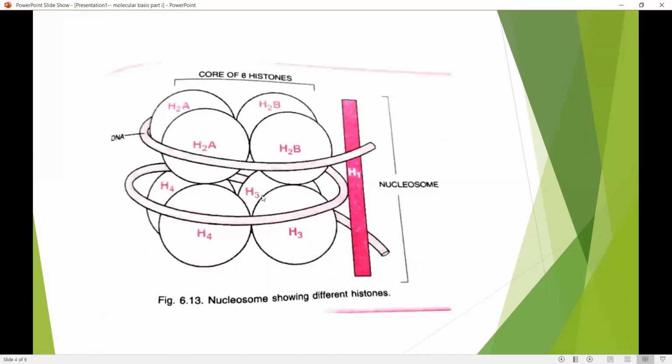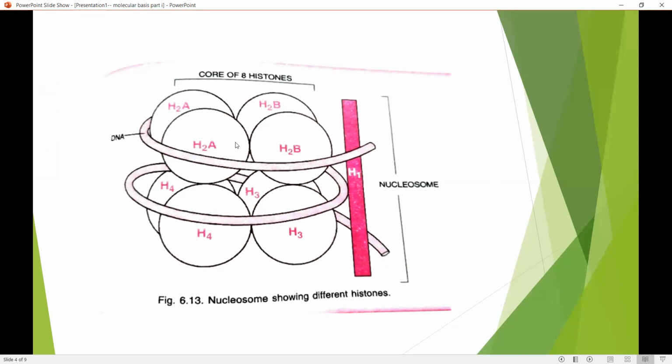So here is the structure of the bead of nucleosome. Here eight histone cores are found. They are found in 4 pairs, or a total of 8 histones: H2A, H2B, H3 and H4.